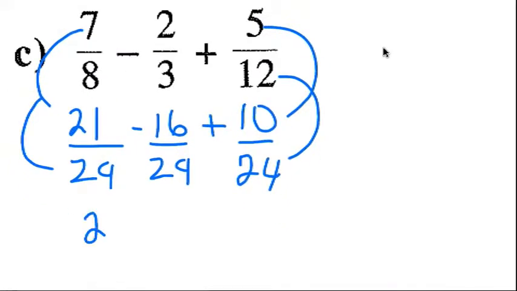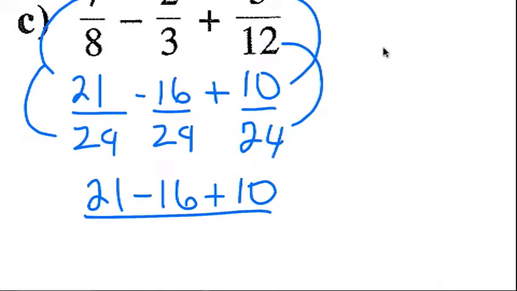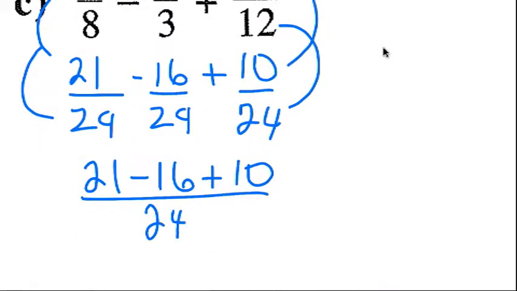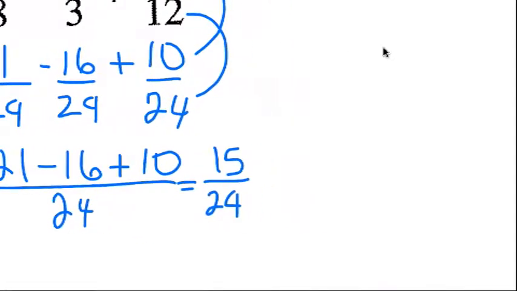And then I go 21 minus 16 plus 10 all over 24. 21 minus 16 is 5, plus 10 is 15 over 24. And then, of course, we need to make sure that if this is reducible, both of these divide by 3, that gives me 5 over 8.